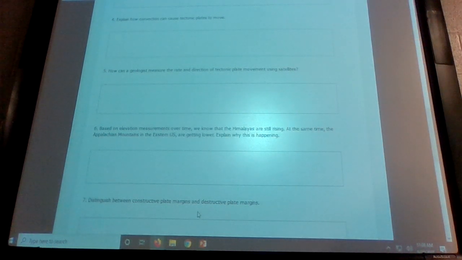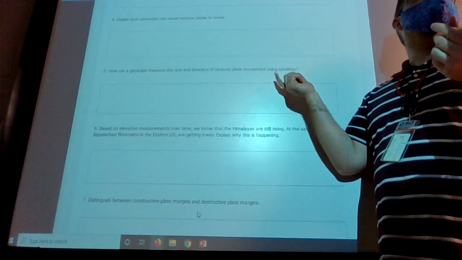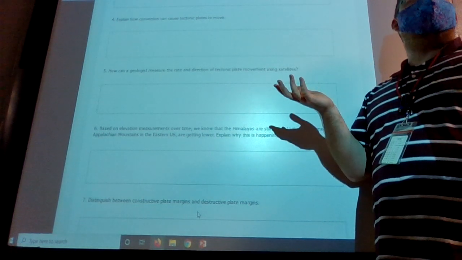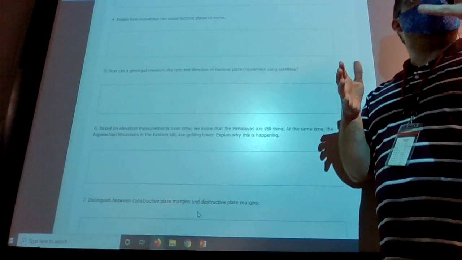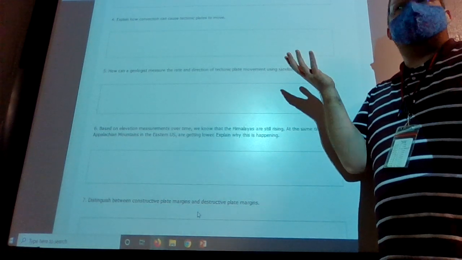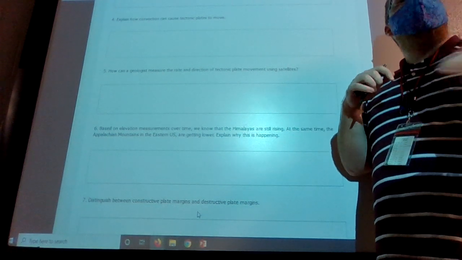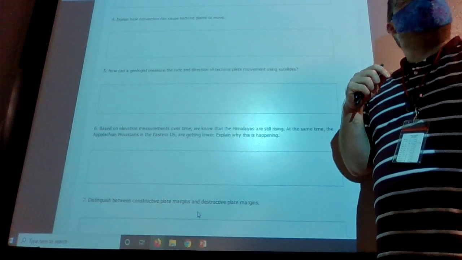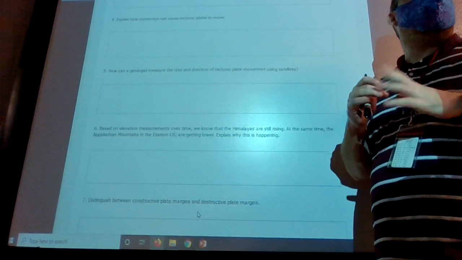Number 5. How can a geologist measure the rate and direction of tectonic plate movement using satellites? We use GPS signals to figure out the exact location of that rock, or wherever you happen to be standing, that part of the plate. Then you take measurements over time and see where that point is moving to.